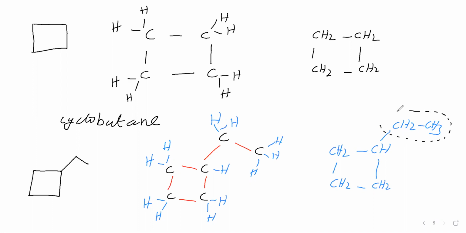This branch is C2H5, CH3CH2. This branch name is ethyl. Then it is a cyclic compound, therefore cyclo. In this cycle, four carbon atoms are there, therefore but. Carbon-carbon single bond, therefore ane. Therefore, we can say ethylcyclobutane is the name of this compound. Okay. So like this, we can say cyclic compound names.